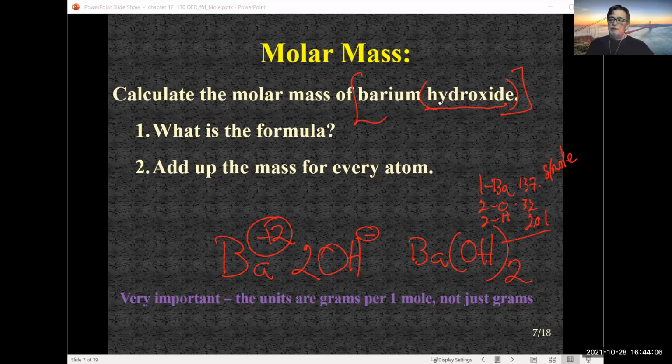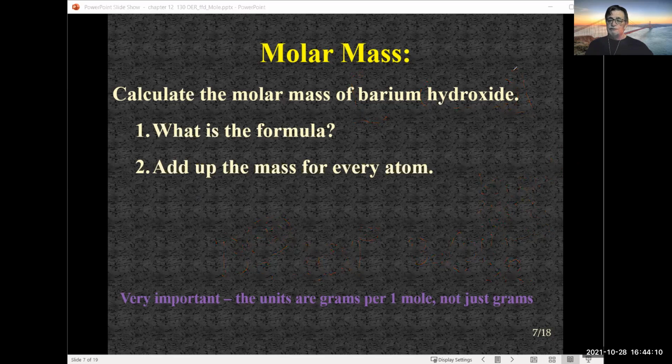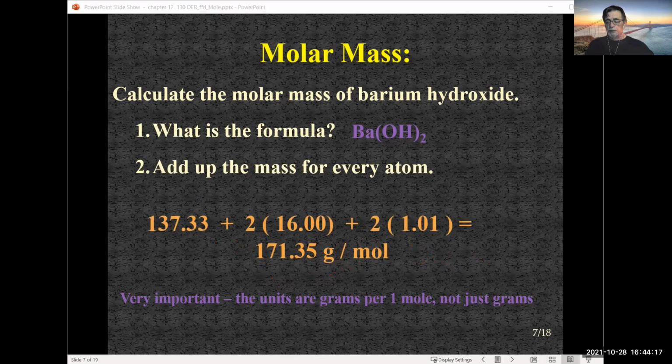And once we do that, that gives us what is called the molar mass, okay? So there's a formula like we just did, and then we tally it up. We got 137.33 grams per mole for the barium. The oxygen each has an atomic weight of 16, and there are 2 of them here.